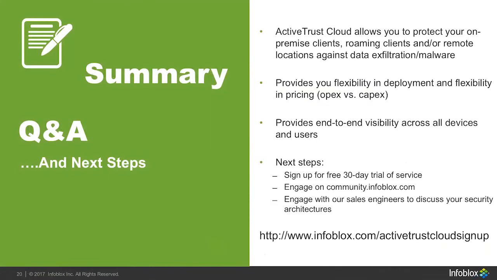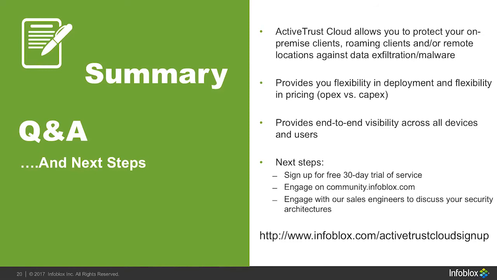So in summary, what we covered today was that ActiveTrust Cloud allows you to protect your entire organization, your corporate networks, your roaming users, workers from home, remote locations, branch offices, all in this single seamless integration for policy control and reporting.